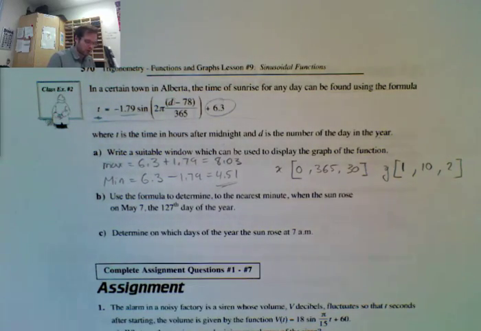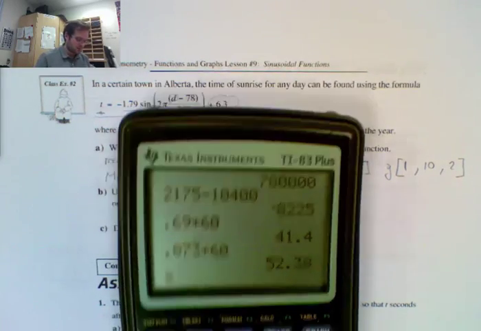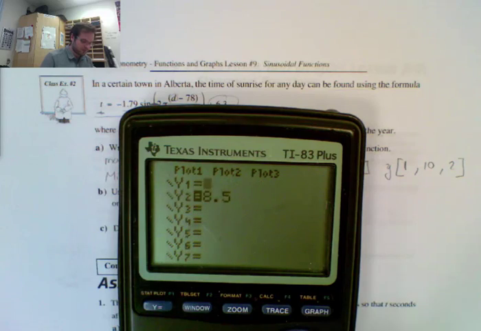So I'm going to first plug this in here. Let's put this in my graph, y equals.